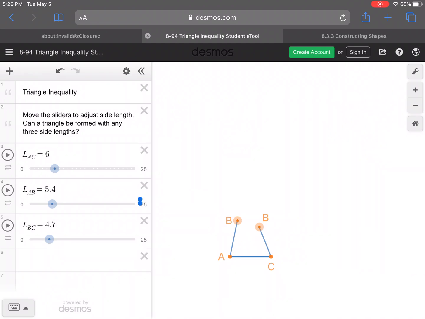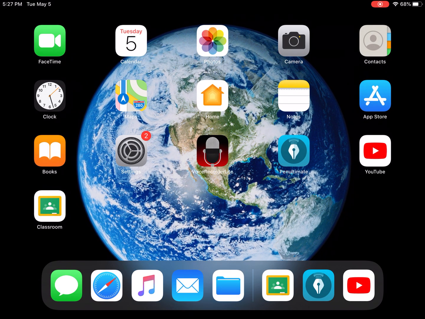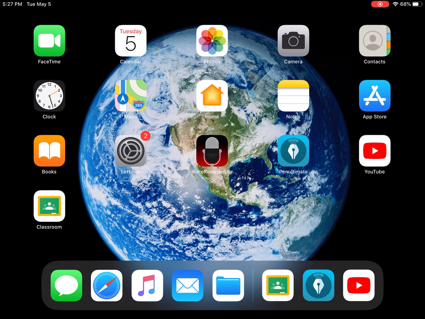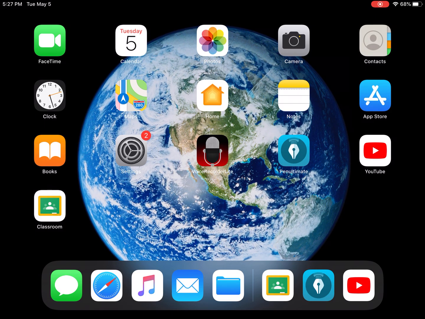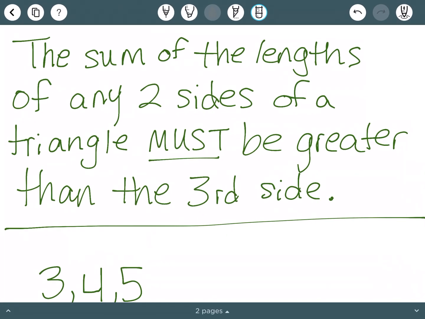Hi everyone. In this video, we're going to be looking into the rule of side lengths of a triangle. Going off of what you learned in the two lessons from yesterday, the main idea is that the sum of the lengths of any two sides of a triangle must be greater than the third side.